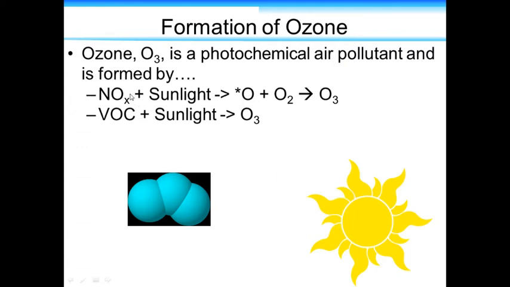So we have NOx, or nitrogen monoxide, dioxide, what have you, plus sunlight will cause the formation of an oxygen radical. That's what the little asterisk means here, which then reacts with oxygen gas to form ozone, O3. And again, we don't want that forming down here close to the surface in the troposphere. Volatile organic compounds can also, with sunlight, form ozone as well.